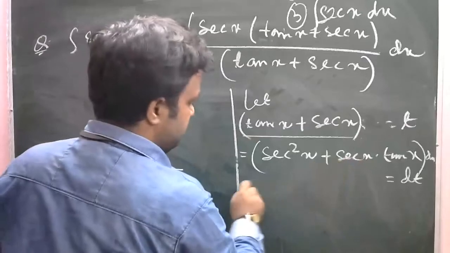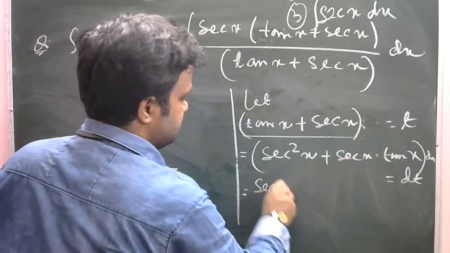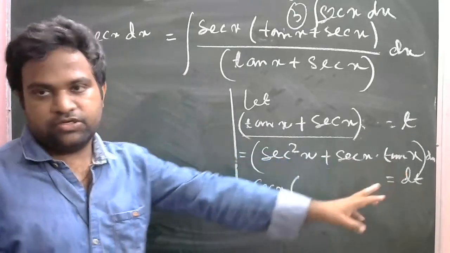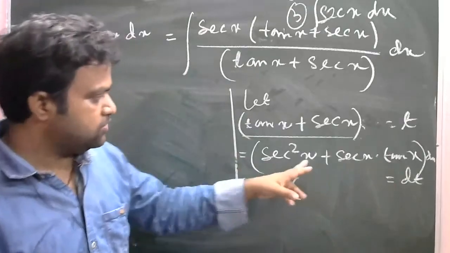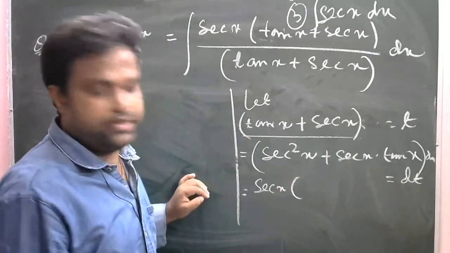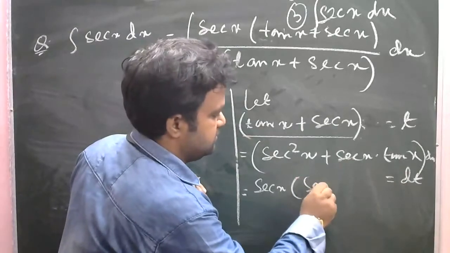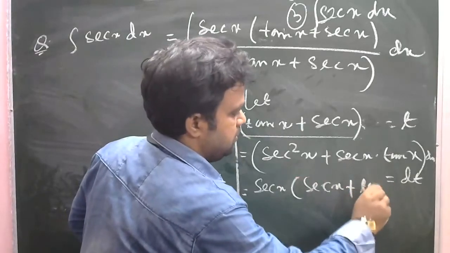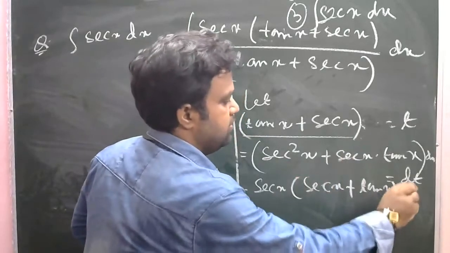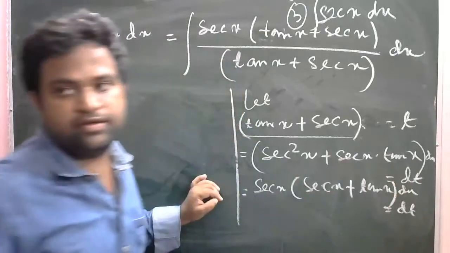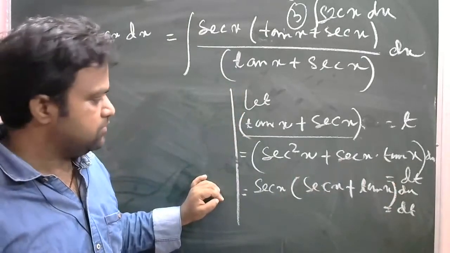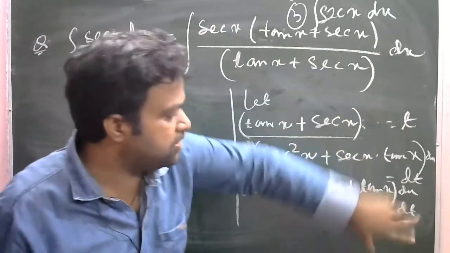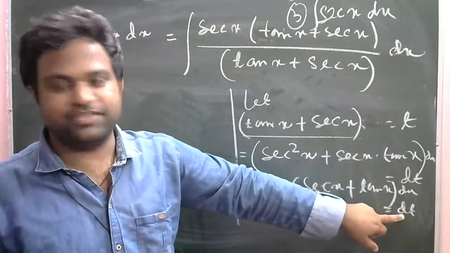Now you can take sec x common. Sec square x is sec x into sec x, so sec x can be taken common here. When we take sec x common, what you will get is sec x times sec x plus tan x dx equals dt. Okay? The numerator, sec x times sec x plus tan x dx, the full numerator will be represented by only dt.